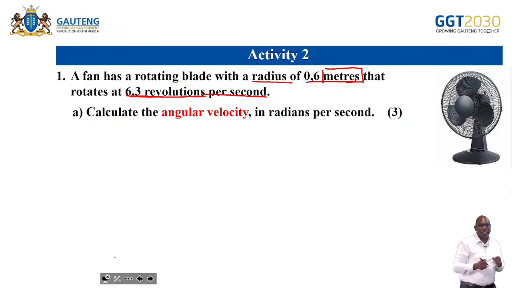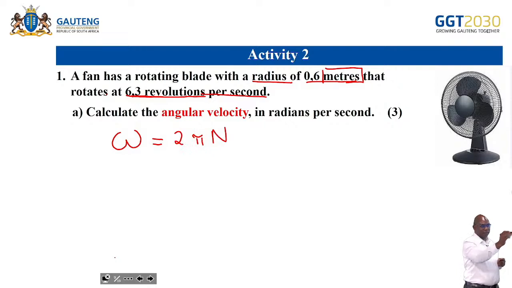Now the first question says, calculate the angular velocity in radians per second. In your formula sheet, the formula is given, written as the angular velocity formula. It will be omega, it's not a W, please. Omega equals 2 pi n.